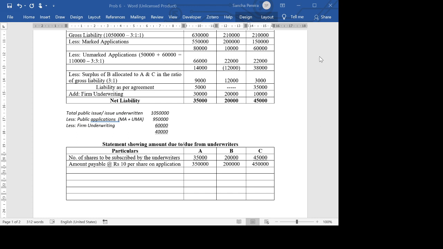Does anyone have an answer? Have they already paid part of this, or do they have to pay the full amount right now? And if they have paid, on account of what have they paid? Part of it.